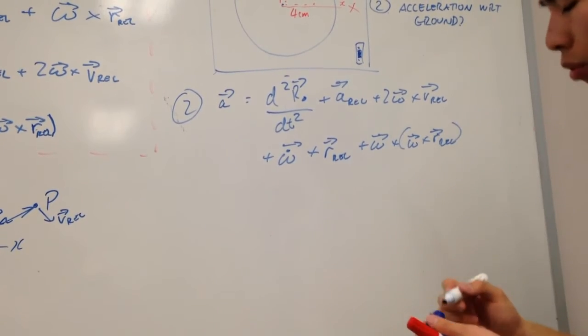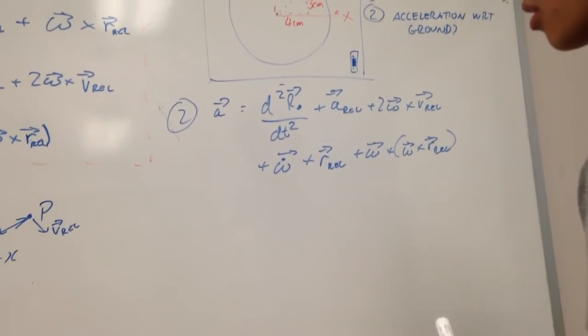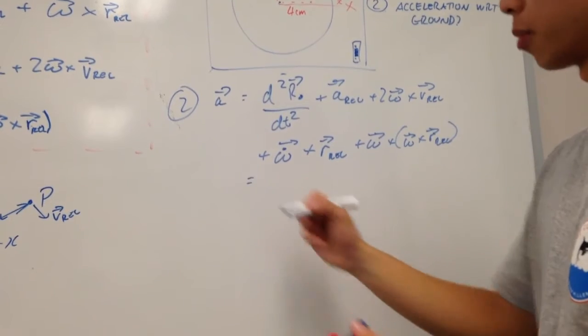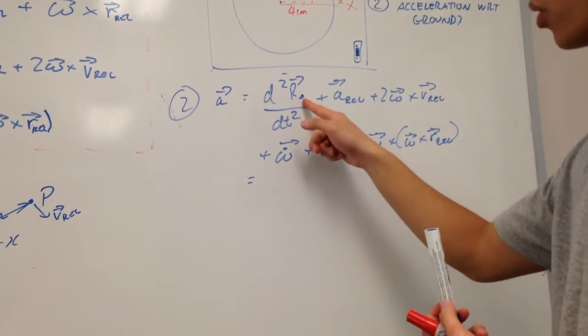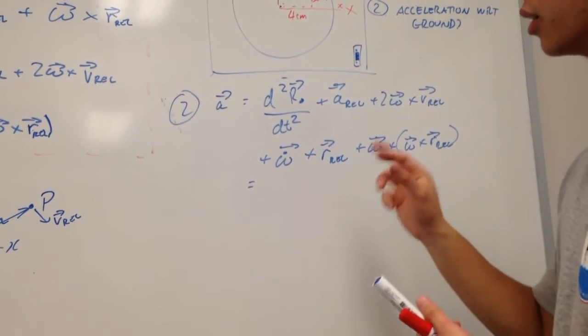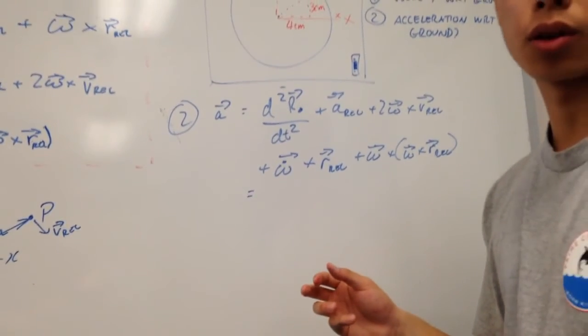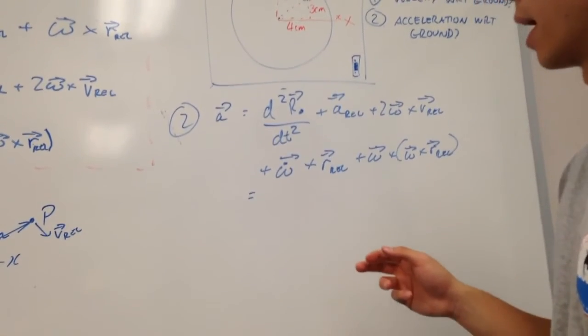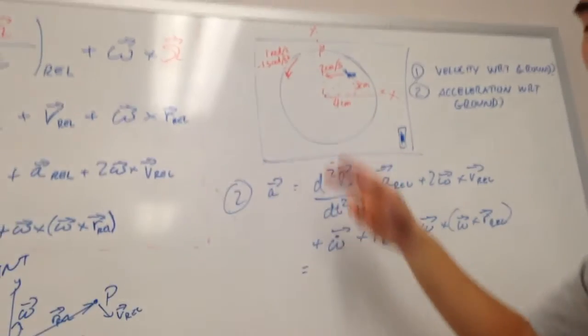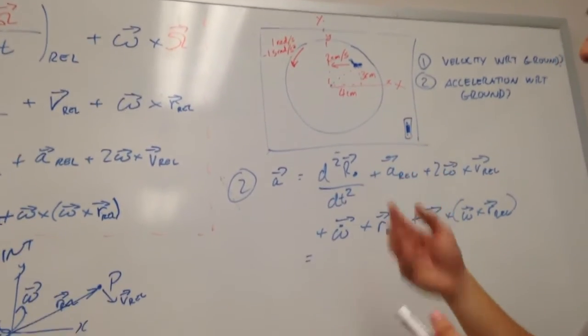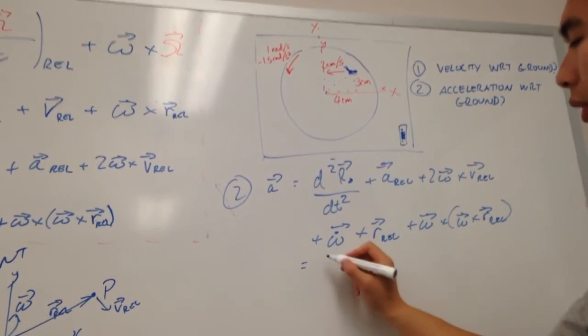Again, we've already gone through all the variables. We should be able to identify everything. So let's start with the first term again. Remember, R0 is the vector between the two origins of each of the coordinate frames. And in this case, it's 0 and it's not changing. So this term is 0.